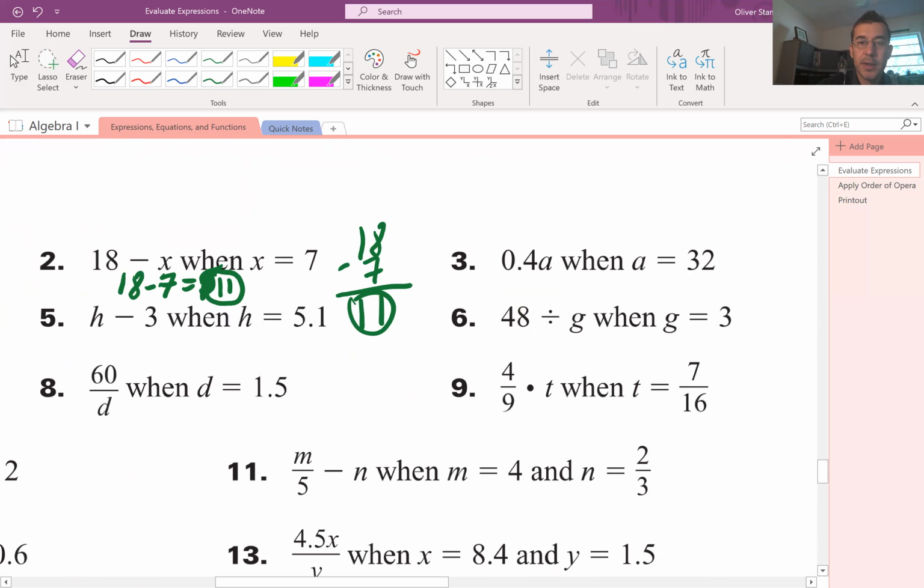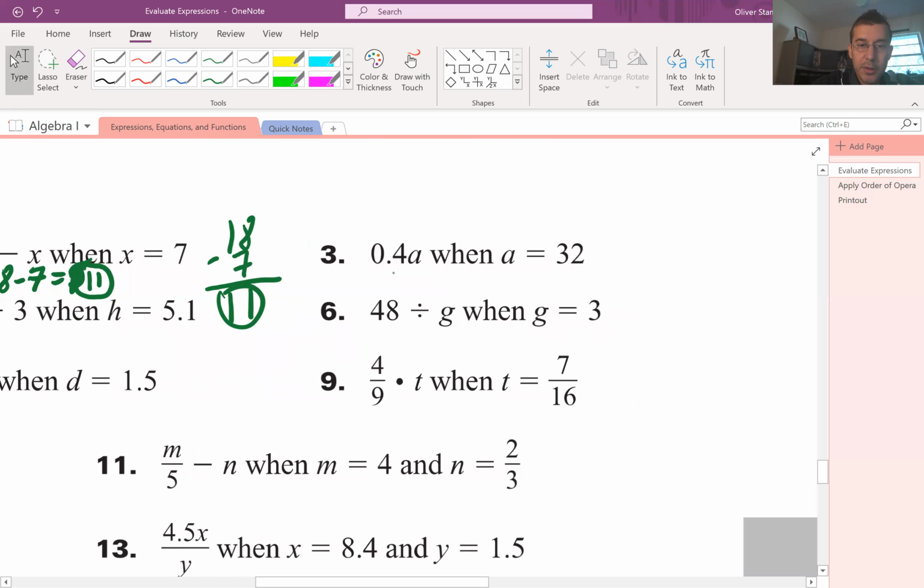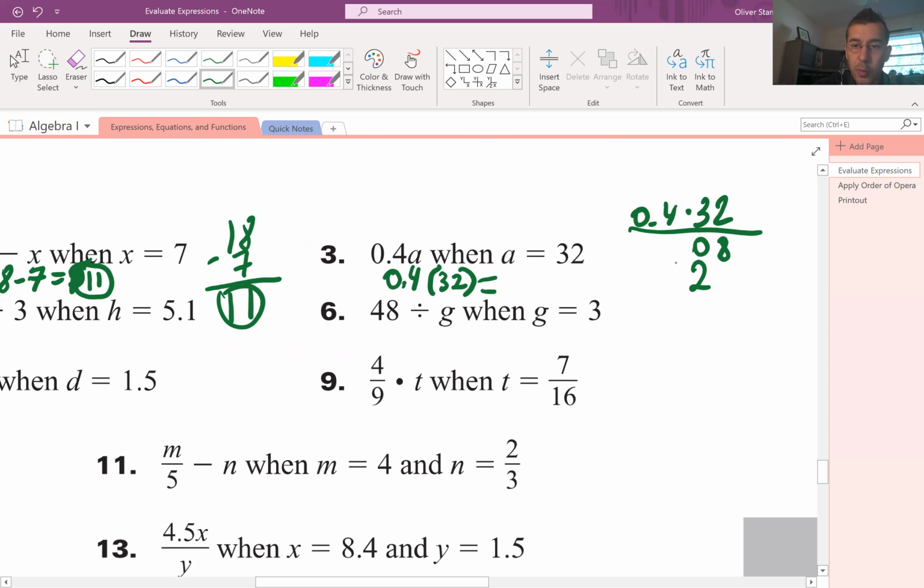All right. Number 3, 0.4 times a, where a is 32, so times 32. Let's do it here on the side. So 0.4 times 32, so 2 times 4 is 8, and then 2 times 0 is 0, 3 times 4 is 12, 2 and 1, 3 times 0 is 0, and the 1, 1.